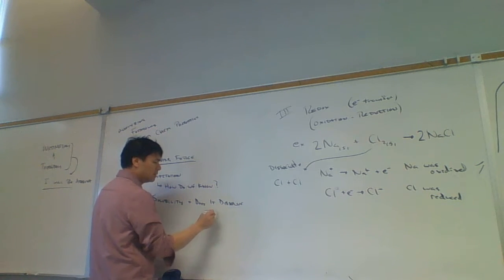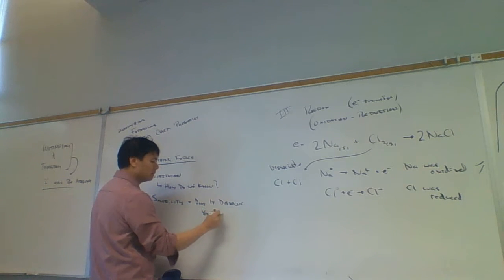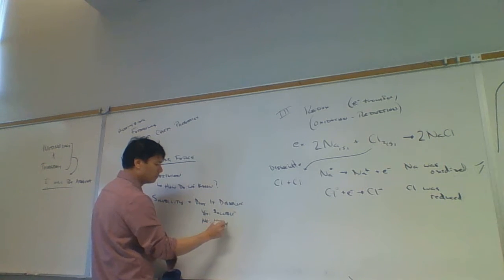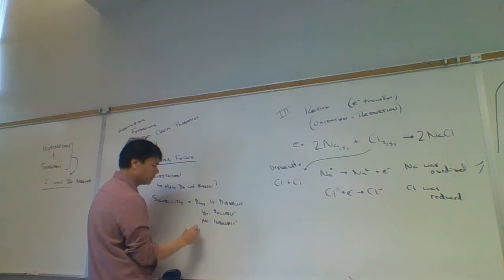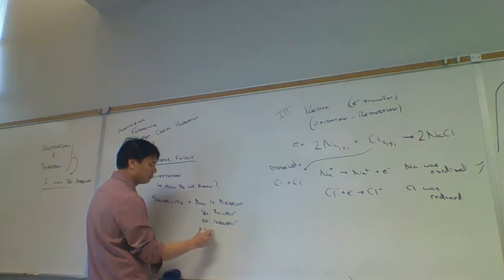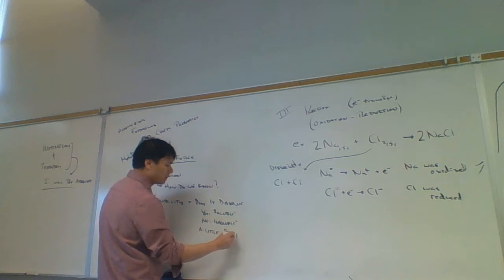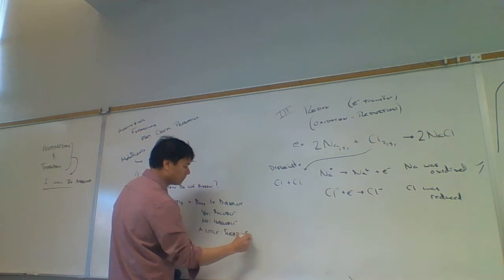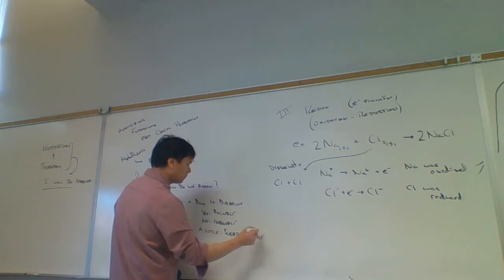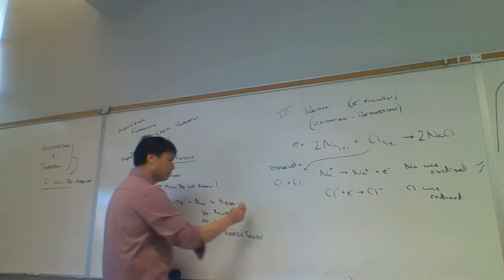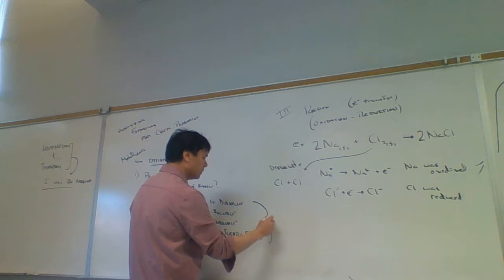If it dissolves, yes, then we say it's soluble. If it's no, then we say it's insoluble. If it's a little, then we say it's slightly soluble. These are what we call qualitative measures of solubility.